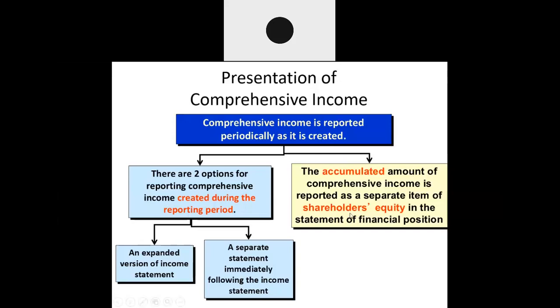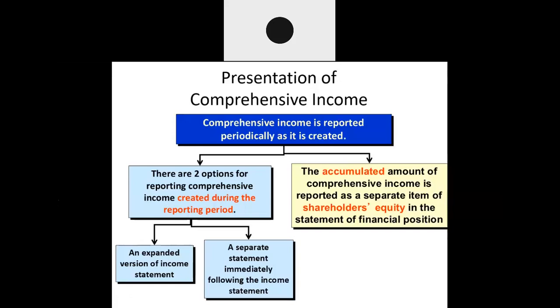And then the comprehensive income that you get, you have to accumulate the amount to the accumulated comprehensive income. The accumulated comprehensive income you have to report under the equity section in the statement of financial position. So it is very similar to the retained earnings. For example, when you have the net income every period, you accumulate it in the retained earnings.